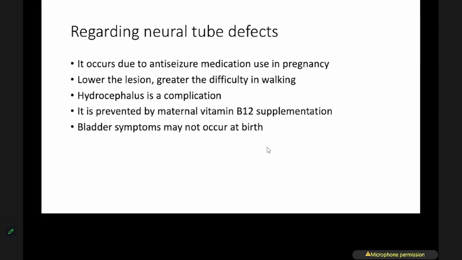In lumbosacral meningomyelocele, you can have involvement from the lumbar region to the sacral region. So if you have sacral region involvement, what would be the deficit? More likely bladder and bowel function.